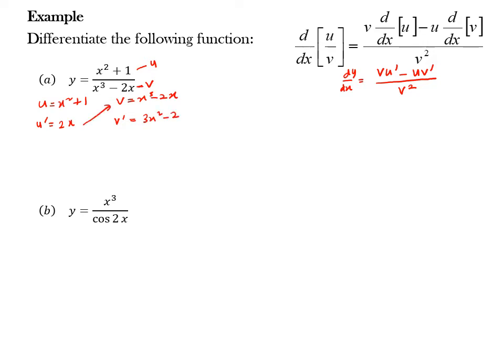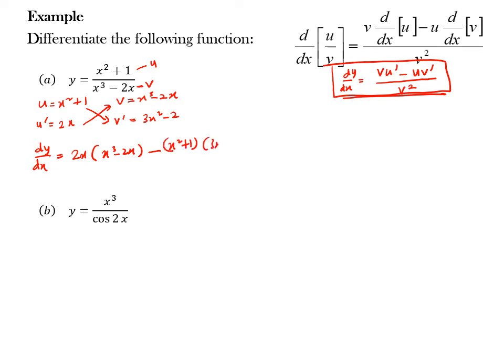So in order for you to use the quotient rule, the dy/dx, okay, we use this formula, is equal to vu prime, so meaning this one, 2x multiplied by (x^3 minus 2x), minus (x squared plus 1) times (3x squared minus 2), over v squared, so (x^3 minus 2x) squared.